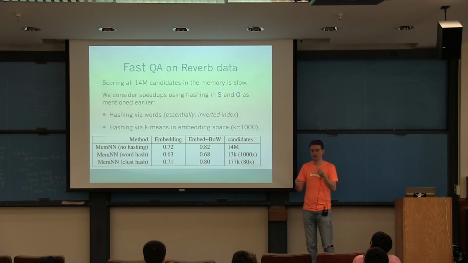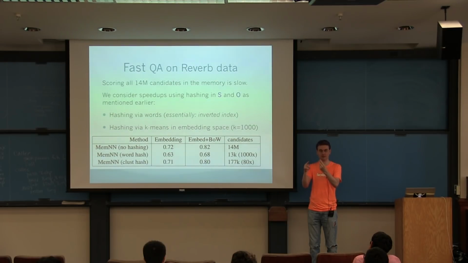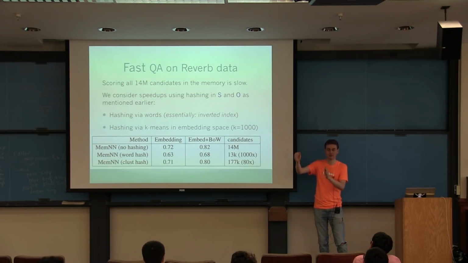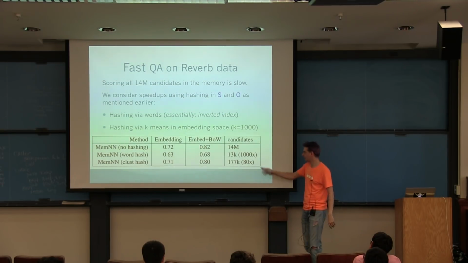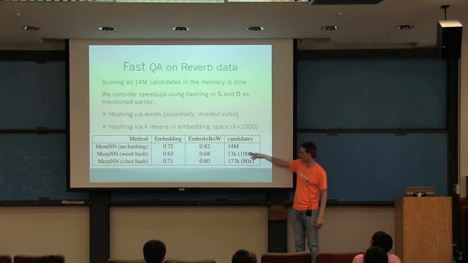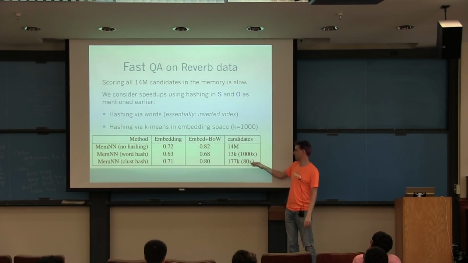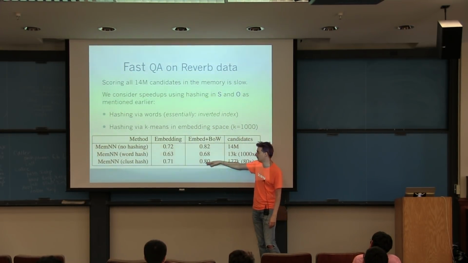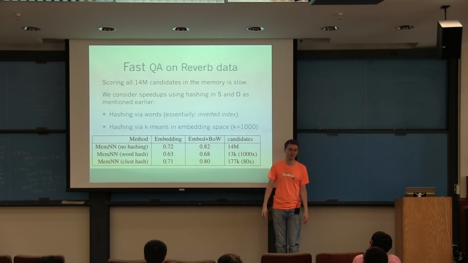And so now we're going to take all the words in the question and find all the memories that live in the same clusters as the words in the question. Okay, so that's not quite as fast now. That's only 80 times faster than the original. Still a lot faster, but the loss in performance is negligible.